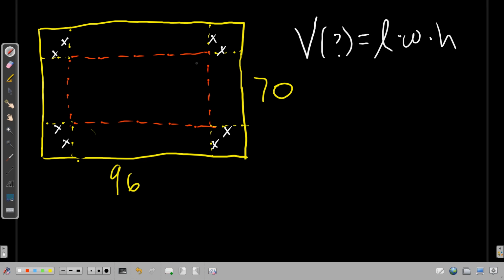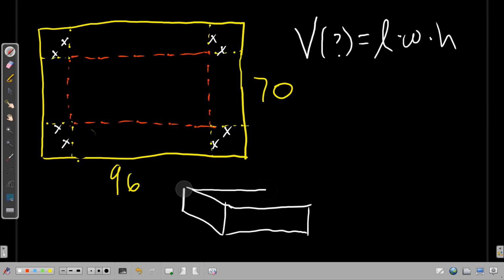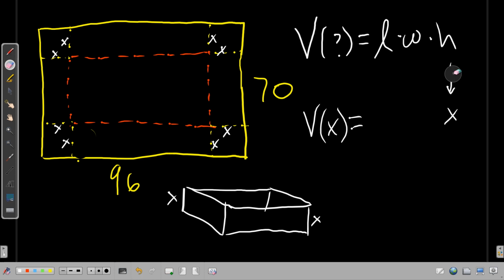Then you can see that once this box was folded up, it would have a height of x, wouldn't it? The box would have a height of x, so I'll replace the h with x, and now I'm thinking that this volume function is probably going to be a function of x.